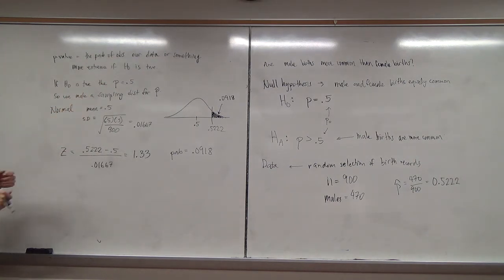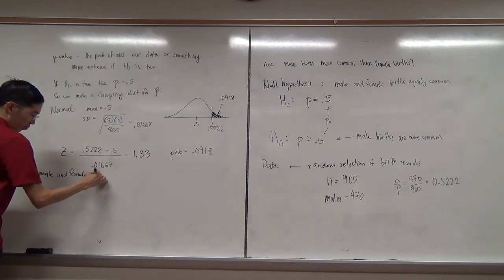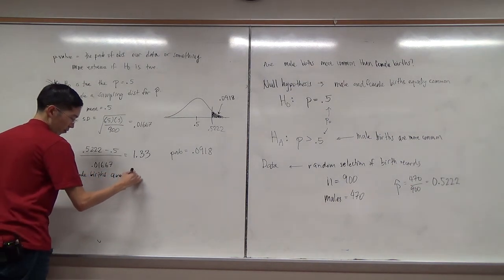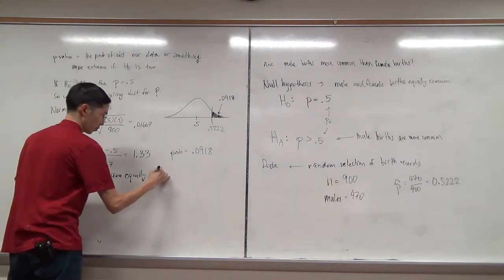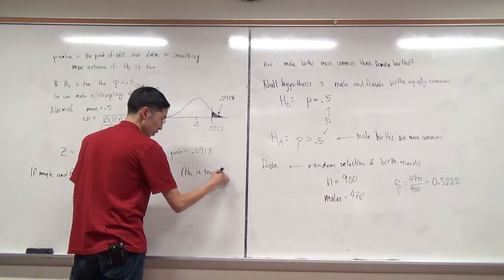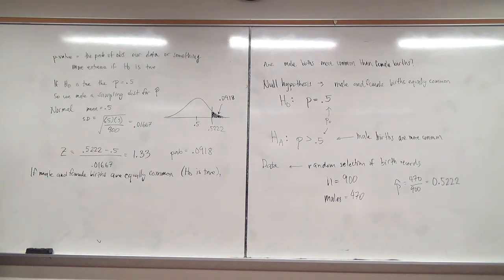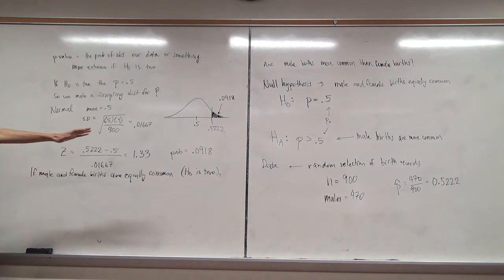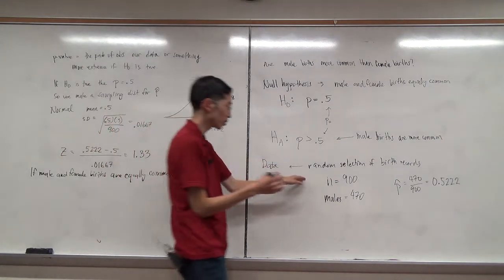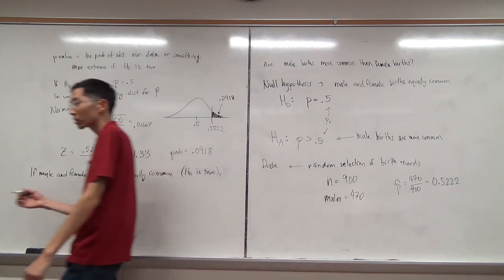So this says that if male and female births are equally common, or basically that the null hypothesis is true, the probability of us taking a sample of 900 births and observing 52% male births, okay?